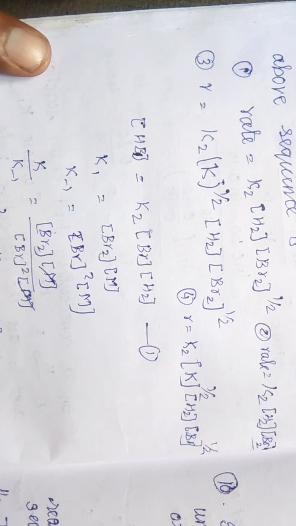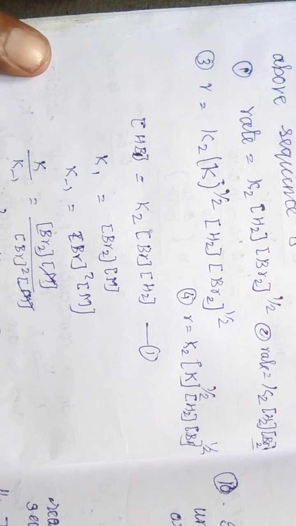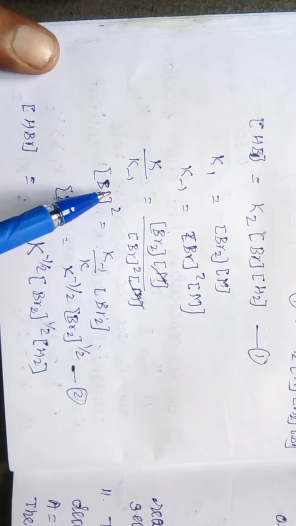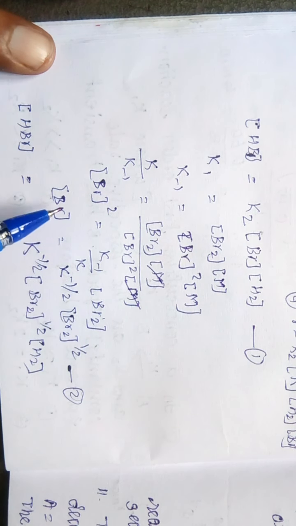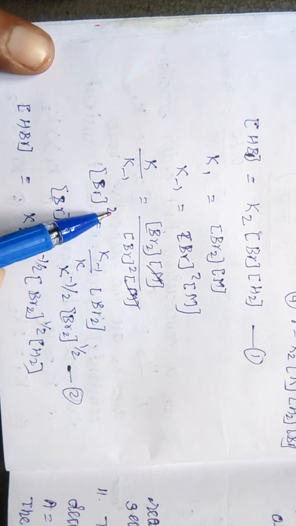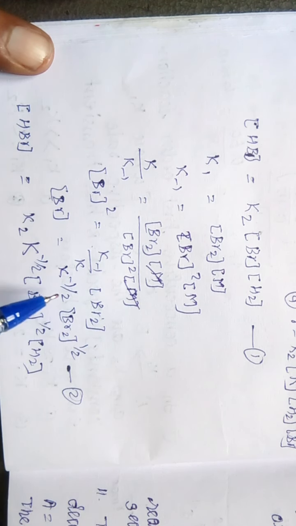When you invert this, Br square will become Br2, K minus 1 will go to the numerator and K will become the denominator, so it will be like K power minus half. When you take the square root on both sides, Br will become K power minus 1 by 2, Br2 power 1 by 2.